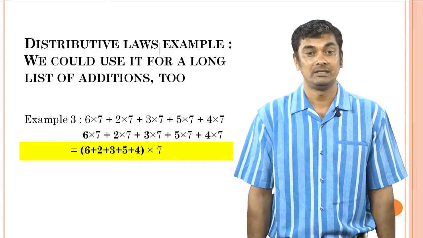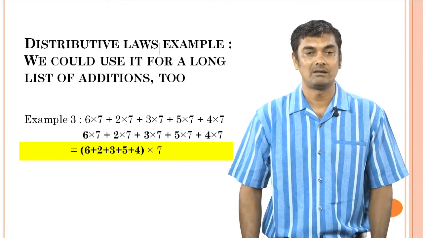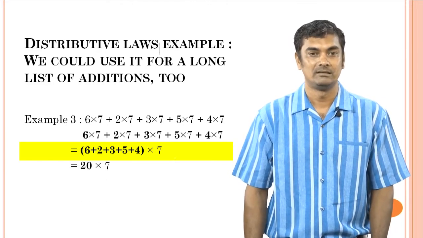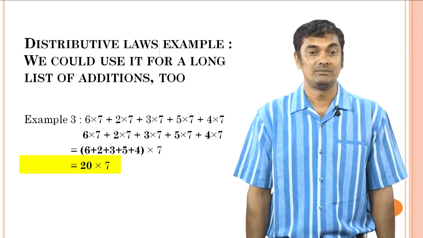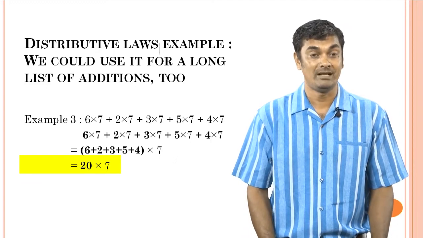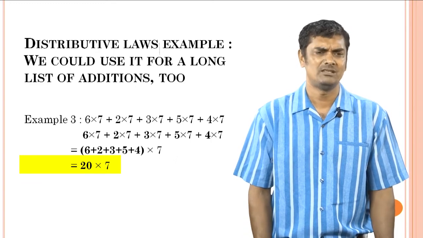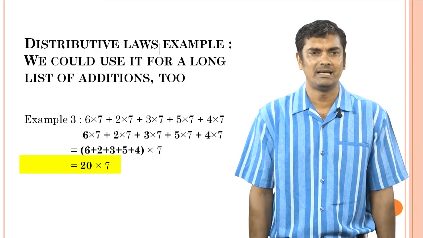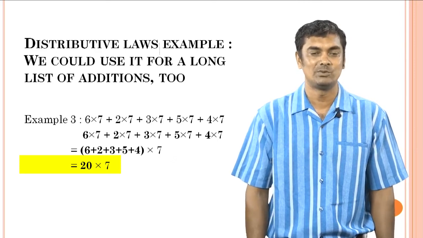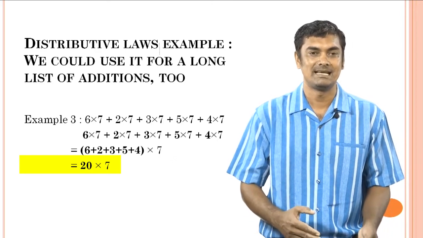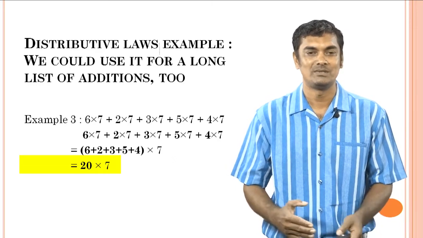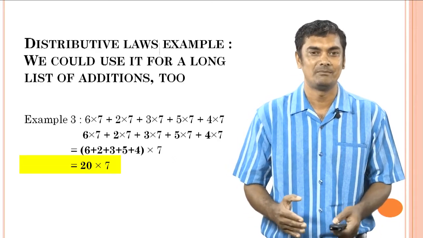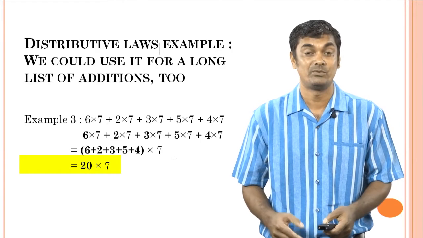Namely, adding 6 plus 2 plus 3 plus 5 plus 4 times the common factor. When we add those terms, you would have recognized that we'll get 20 times 7. And it's quite easier then to multiply 20 by 7 rather than to multiply 6 times 7 plus 2 times 7 plus 3 times 7 plus 5 times 7 plus 4 times 7.